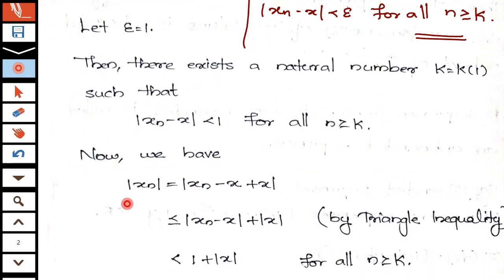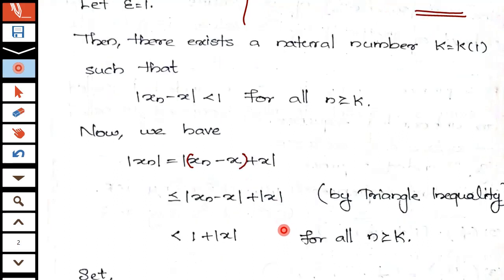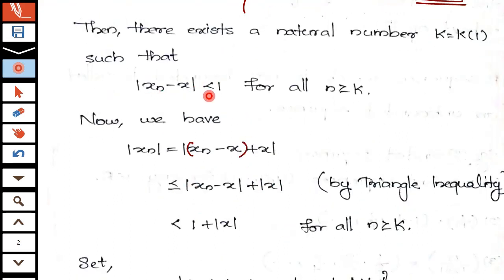Next we can write mod xn as mod xn minus x plus x. Now apply triangle inequality here. So that is less than or equal to mod xn minus x plus mod x. So we know mod xn minus x is less than 1 for all n greater than or equal to k.